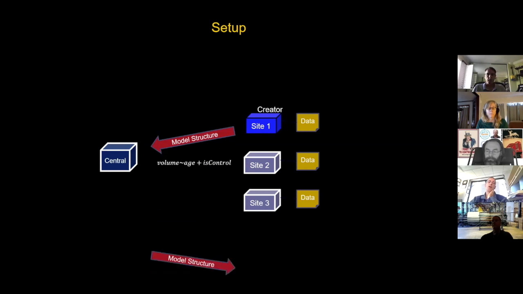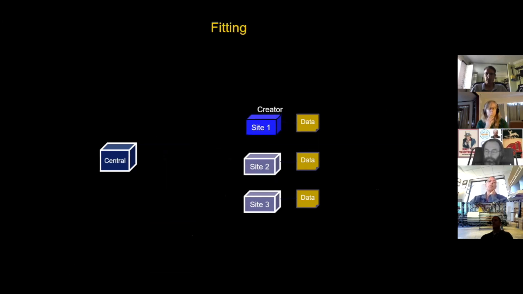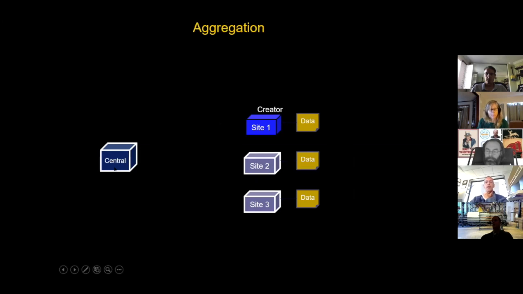That goes and gets sent to the individual sites, who then do mapping of those variables to their own data. So those might have different labels, different names, et cetera.